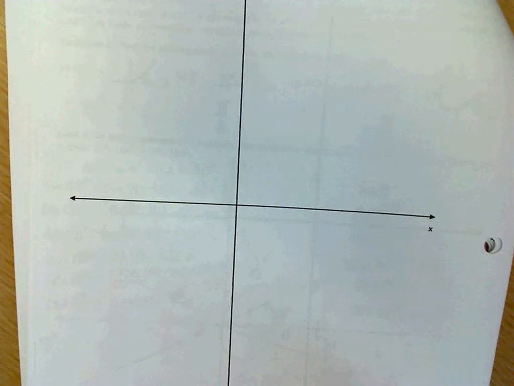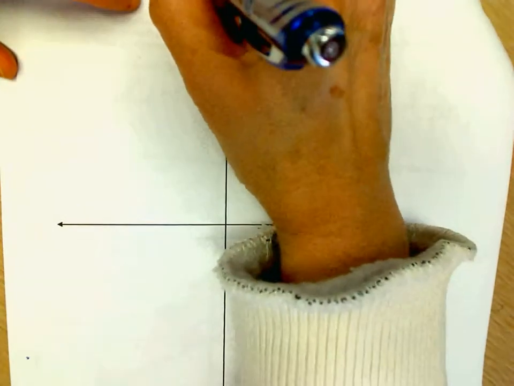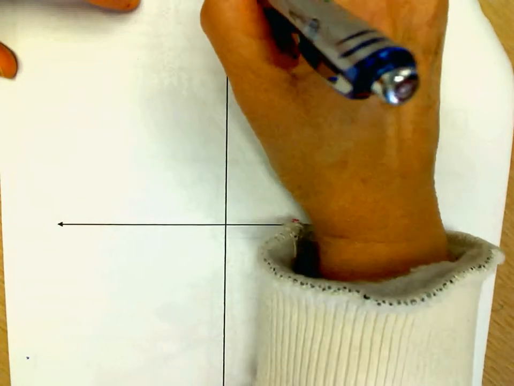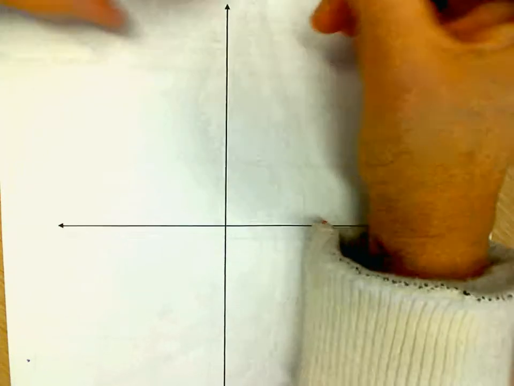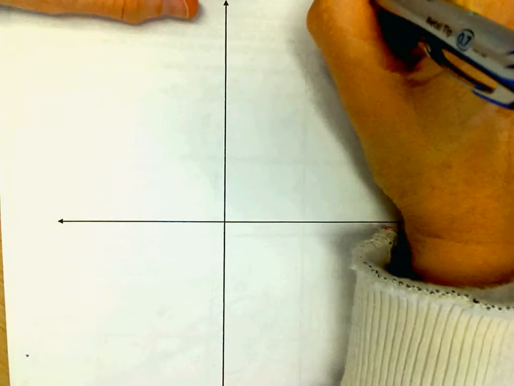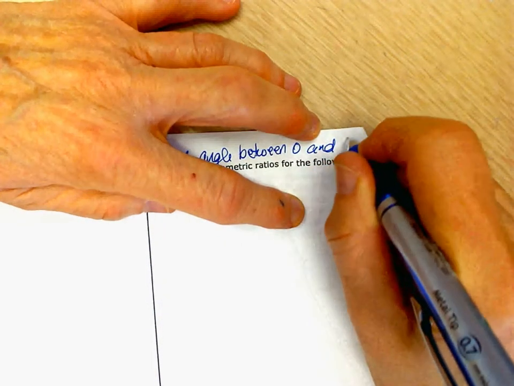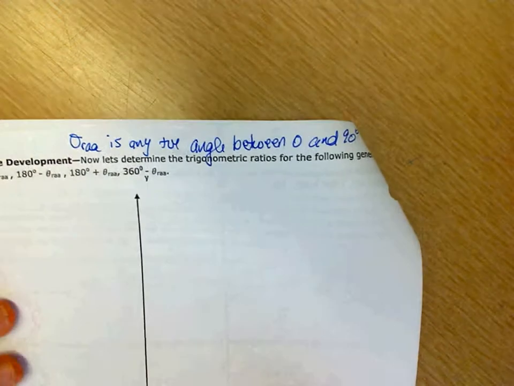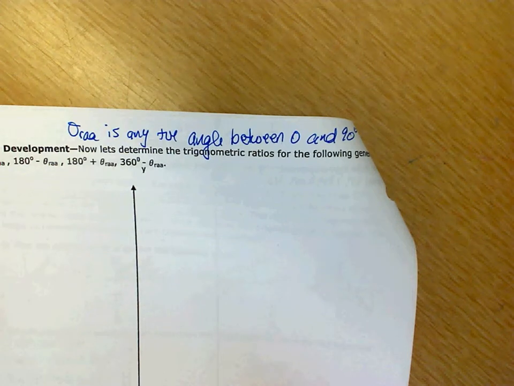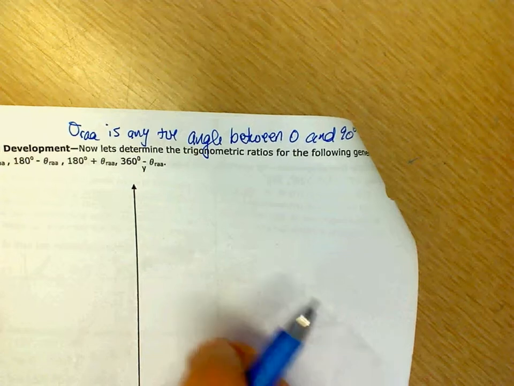How do we do this? Theta RAA is any positive angle between 0 and 90. So the related acute angle is any angle between 0 and 90, right? So we can draw any angle. There's my theta RAA, for example.